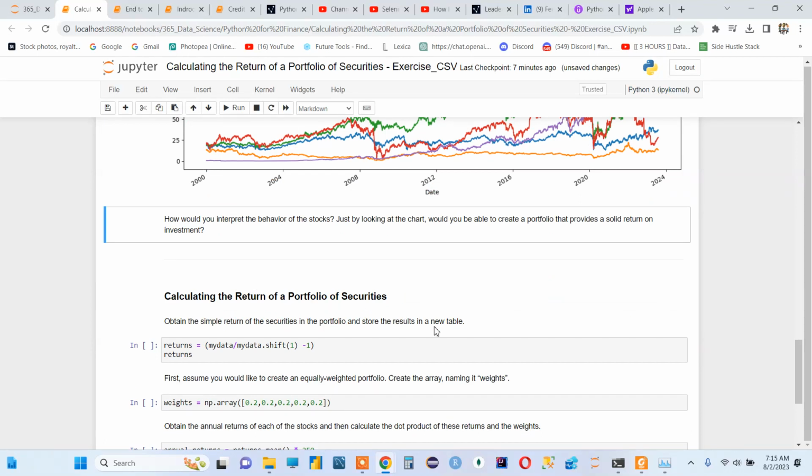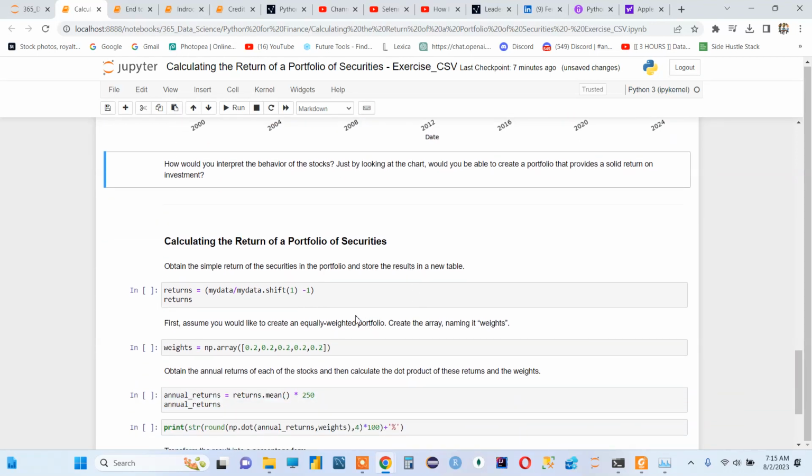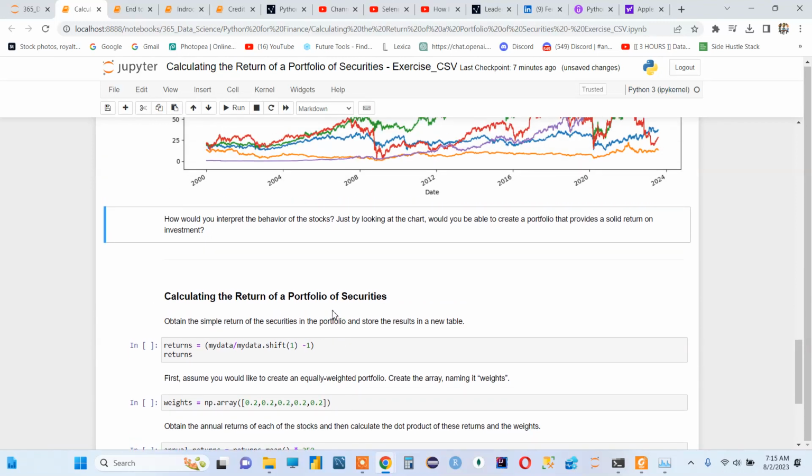Now, next is how to calculate the daily return. What is the principle of daily return? Daily return is nothing but the stock price of today compared with the stock price of yesterday. We take the difference and divide by the stock price of yesterday.